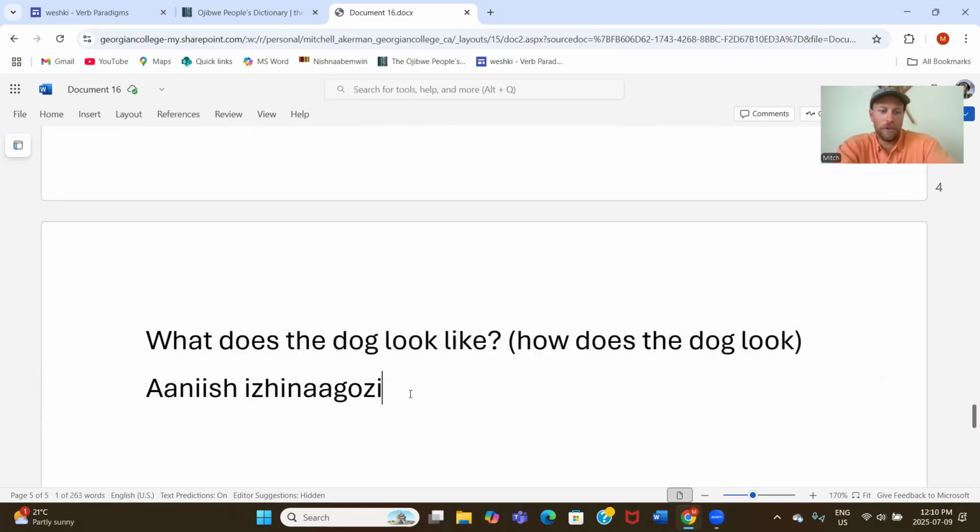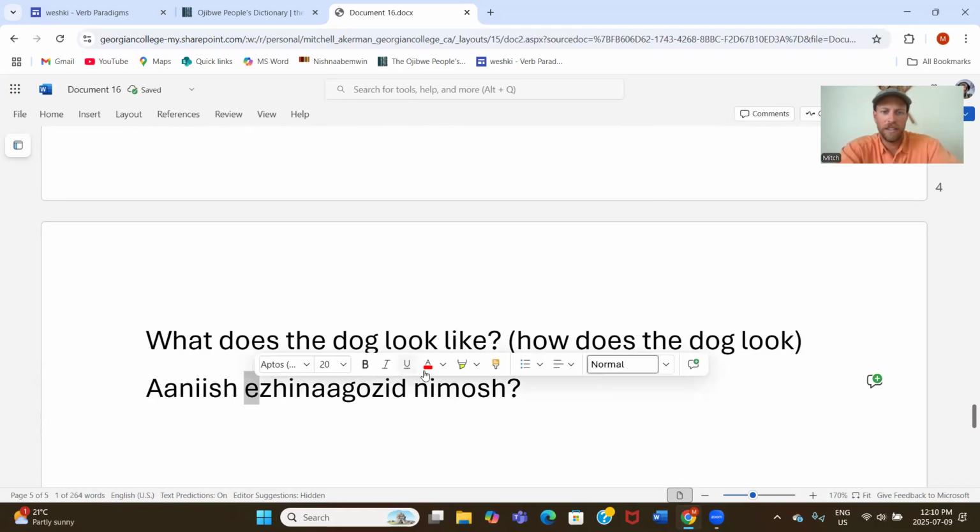So then I can put namash after, the dog. And then Anish, I to E, je nagazit. Anish esh nagazit namash. What does the dog look like, or how does the dog look?